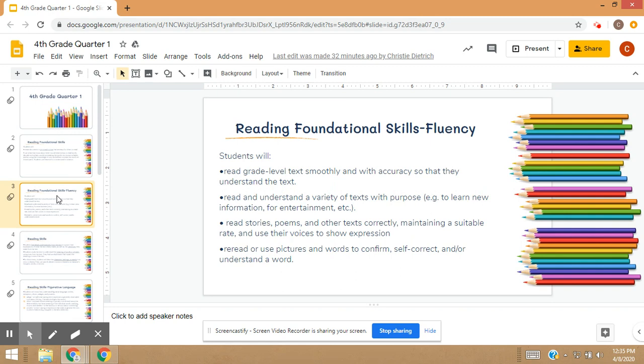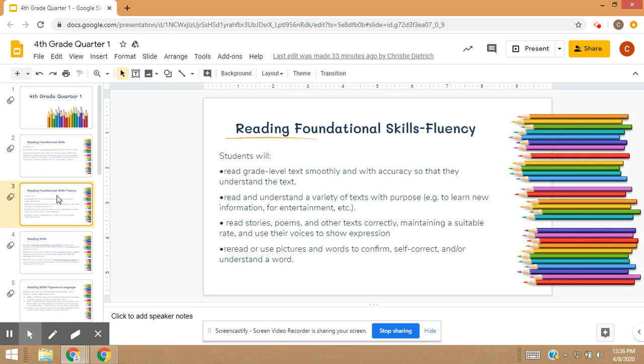So for our reading skills continued, we have our fluency. And students will read grade level text smoothly and with accuracy so that they understand the text. They will be able to read and understand a variety of texts with purpose. Some purposes are to learn new information or for entertainment, etc. And to read stories, poems, and other texts correctly, maintaining a suitable rate, and use their voice to show expression.